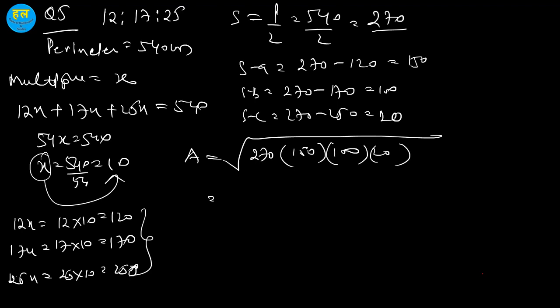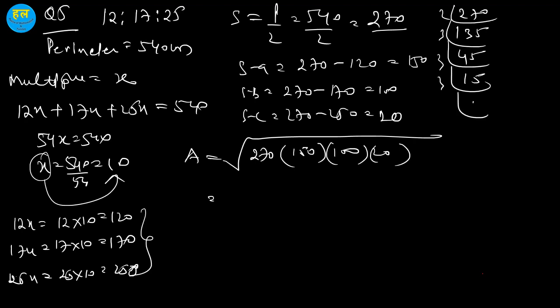Here we get, when we factorize 270, 2 ones are 2, 2 threes are 6, 3 fours are 12, 13, 3 fives are 15, 3 5s are 5, 1. This is 270.